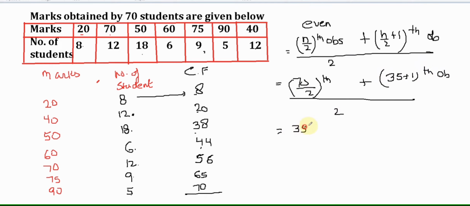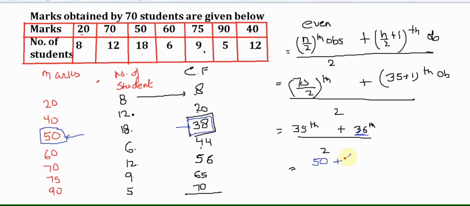Now the 35th observation plus the 36th observation by 2. The 35th will come in this because it is more than 20. So for the 35th I will take this 50. Now I need to take the 36th observation. The 36th observation will also come in this. So again I will take this 50. So 50 plus 50 by 2, or I can write 50 is the median. So this is how we will work on even data.